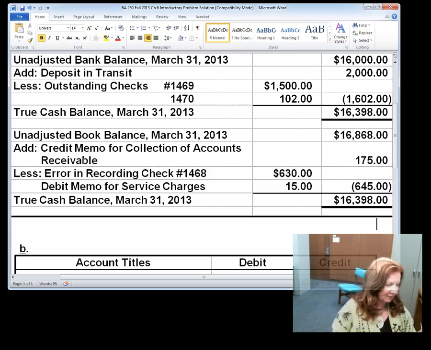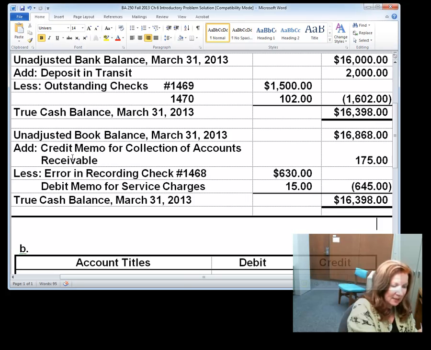So the first addition that they tell us about was that there was a credit memorandum for $175 that was collected on our behalf. As we look at the credit memorandums, they're under the bank statement at the top, under deposits, and it says CM right there at the bottom, $175.